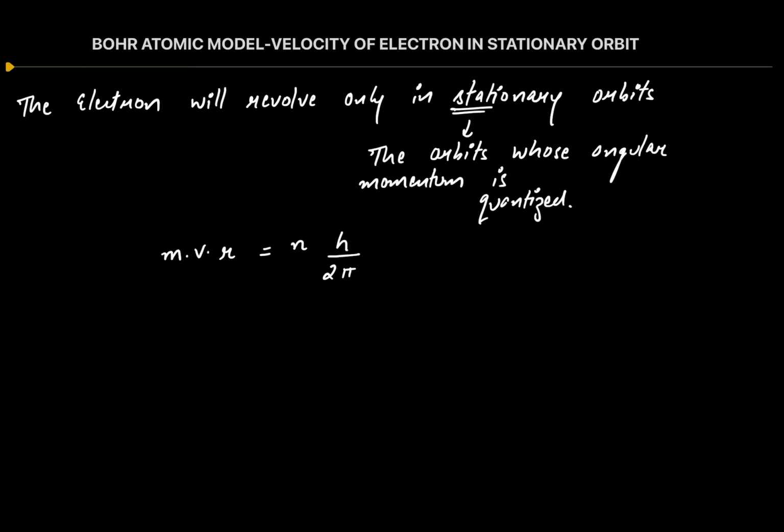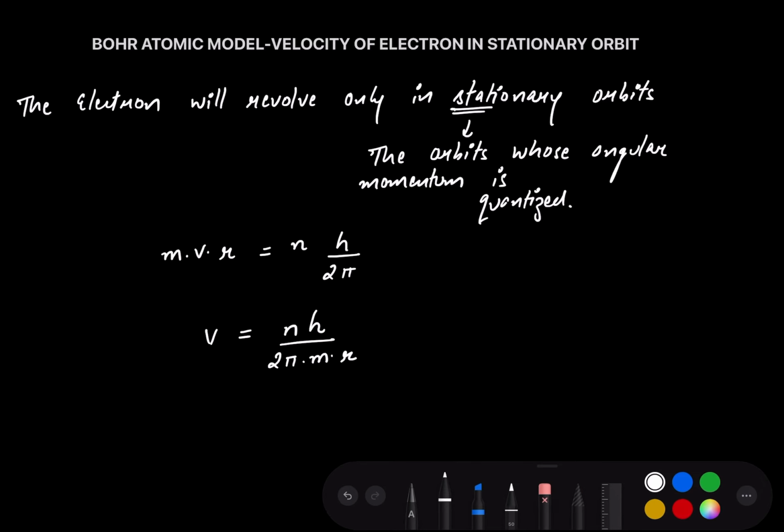Here we have to evaluate the velocity of electron. Here v is the velocity, so v comes out to be n h divided by 2 pi m r, where r is the radius of the orbit. In the previous lecture, we derived the radius of an orbit.